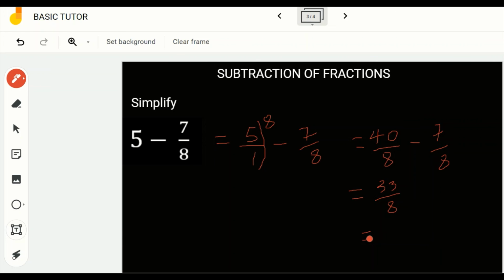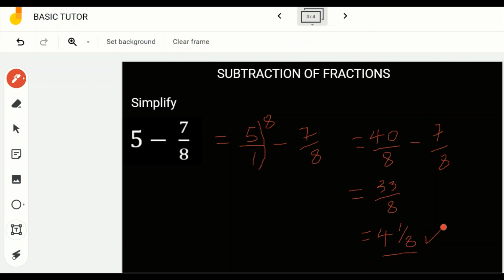How do we convert this to a proper fraction? So 8 goes into 33 4 times, remaining 1. So remaining 1 over 8. So this is our final answer.